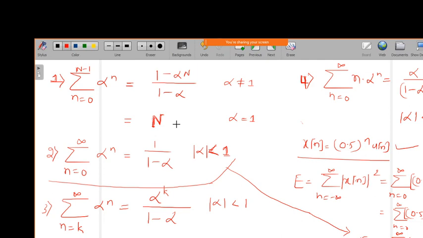In the next class we will move to the next concept, which is how systems can be interconnected using the signals we discussed till now and the basic operations. How can we connect the systems in different blocks using a shifting operation, either positive or negative?